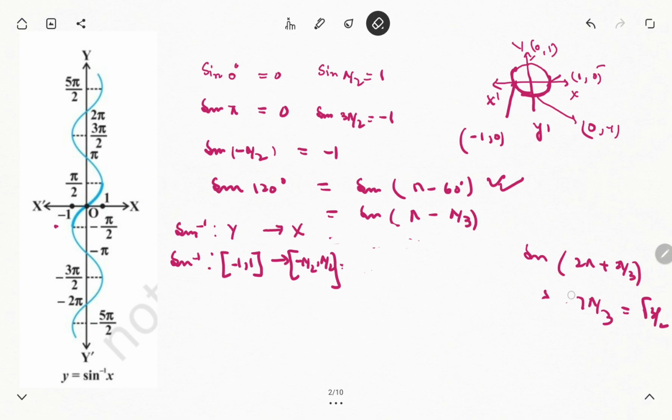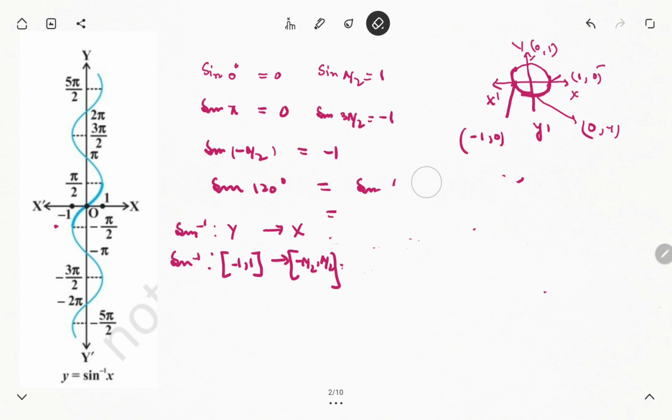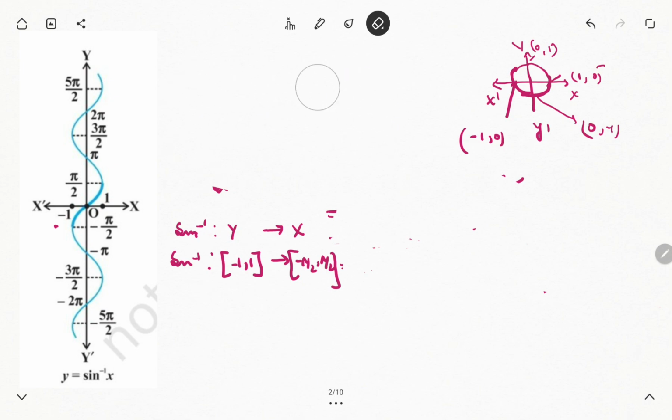Let's clean this. This is all set, you know why we are going to get the values like this. Sine pi by 3 is equal to sine 2 pi by 3 is equal to sine 2 pi plus pi by 3, sine 7 pi by 3, all are equal. So we cannot say that this is a 1, 1 function. This is not a 1, 1 function.